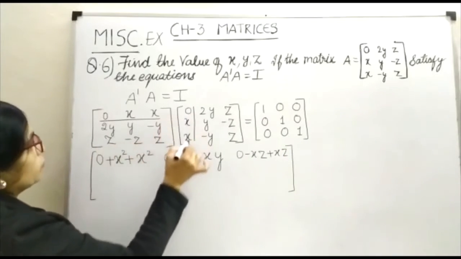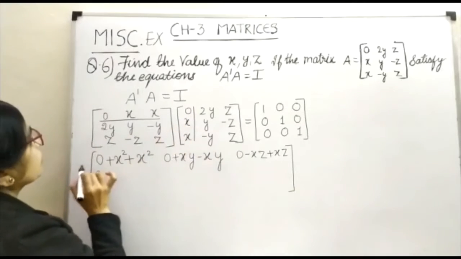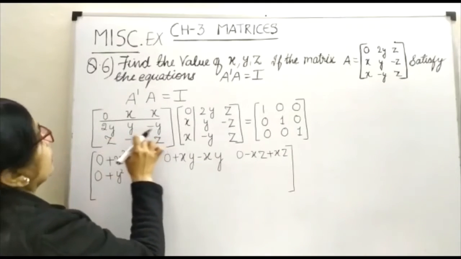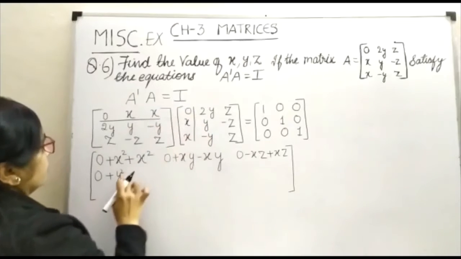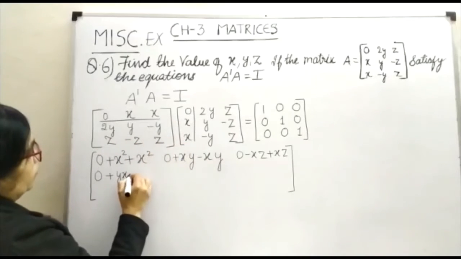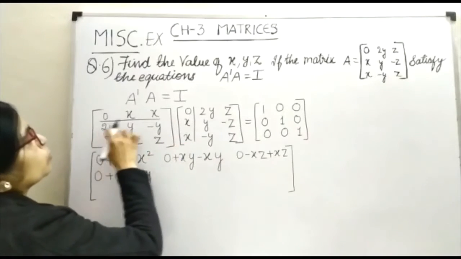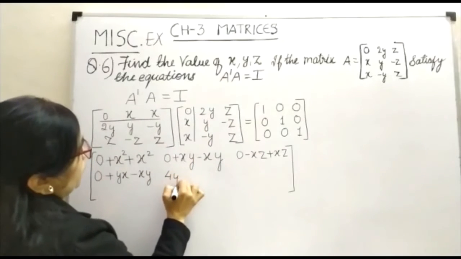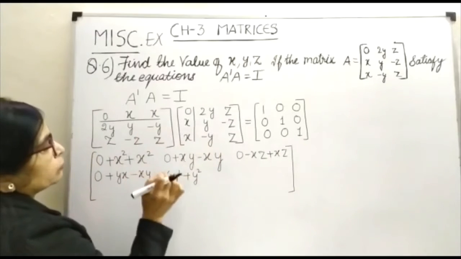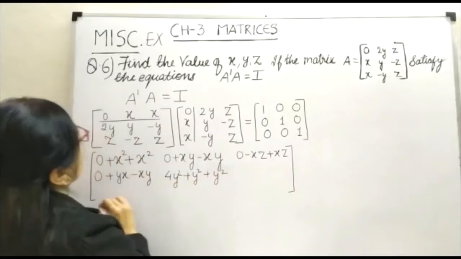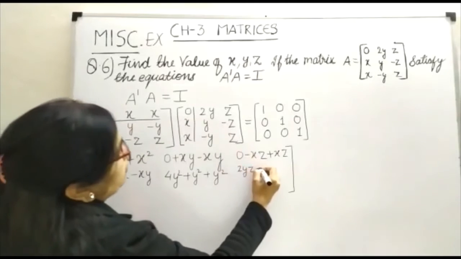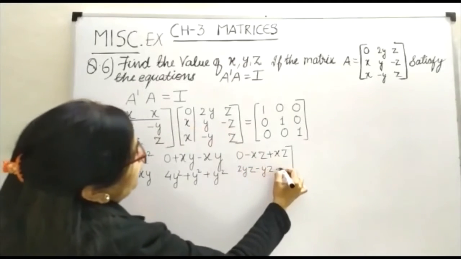Here, second row, first column: 2y into 0 is 0, y square, then y x, then minus xy. Then 2y into 2y, that is 4y square, plus y square. Just see, minus y into minus y will again be plus y square. Next 2y into z, that is 2yz, minus yz and again minus yz.